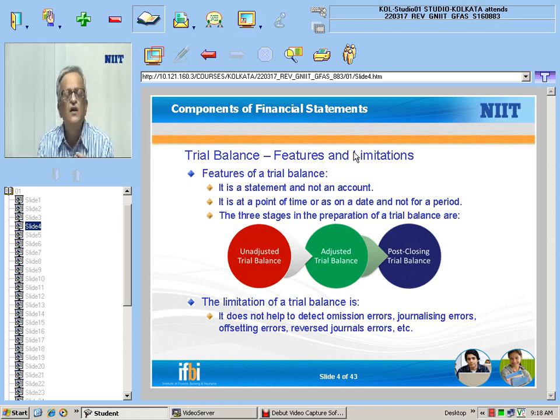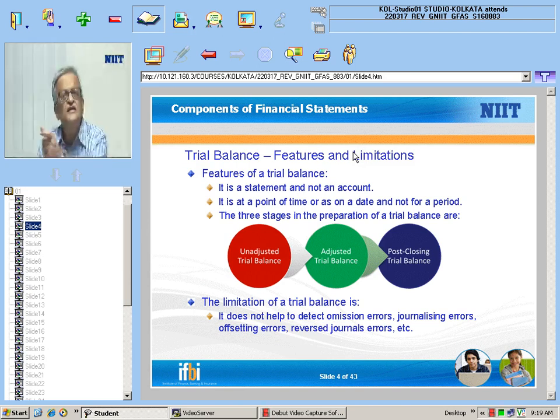Suppose, for example, one item has been omitted totally. Both debit side and credit side, entire transaction has been omitted, left out. The trial balance would still tally, but there is an error. Similarly, if there is an error in the credit side, there is also an error in the debit side. Two mistakes are happening. One mistake is made in the debit side for 1,000 rupees.